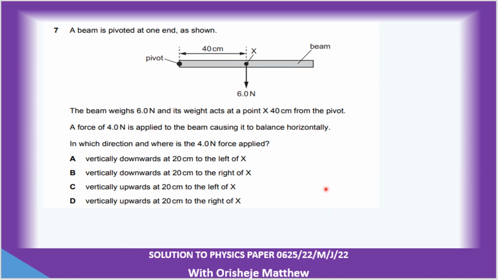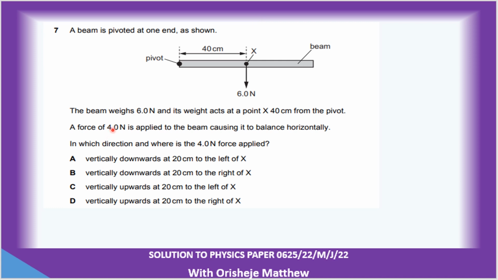path. Okay, this is the moment of force. In which direction and where is the 4 Newton force applied? So you have a beam, 10 Newton force will make it move downward clockwise, but you need a force that will pull it up, to prevent this one from falling.